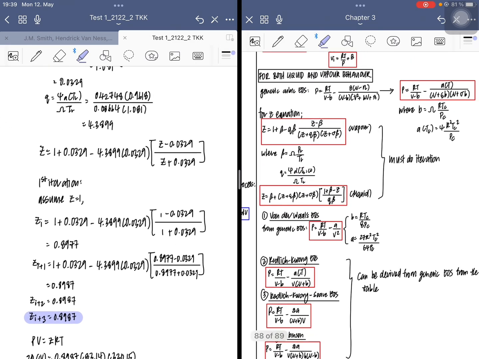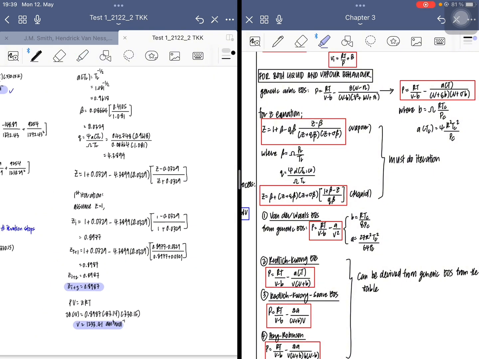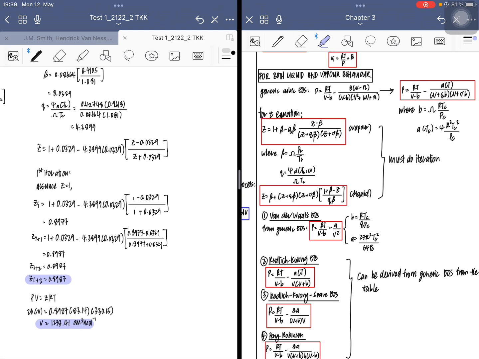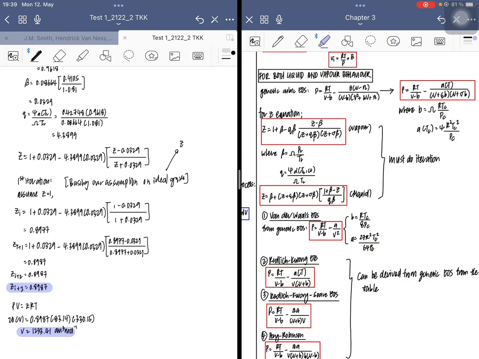For example here, we don't know what value to assume, but one easy way of figuring this out is to base our assumption on ideal gases. For an ideal gas, we assume that Z equals 1, right? Since we are ignoring intermolecular forces.